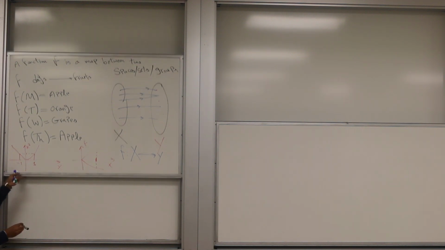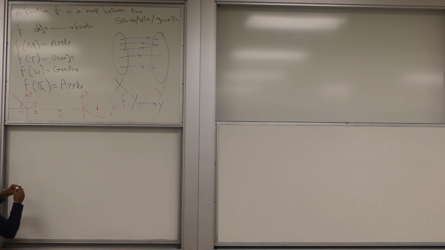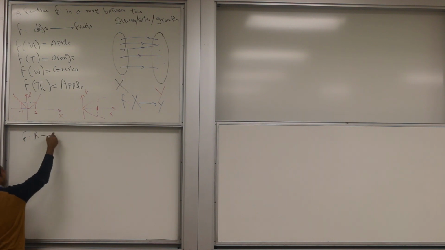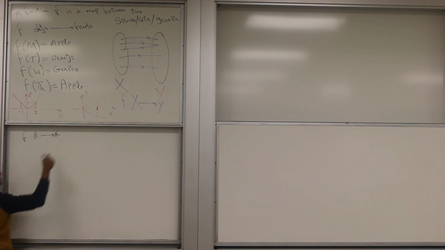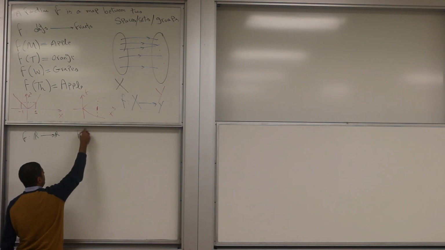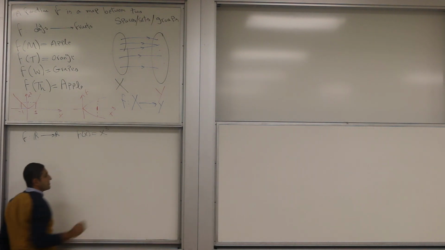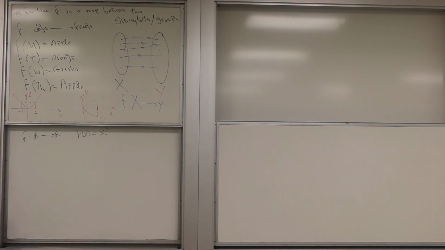Okay, so let's have some examples that we know. Maybe f from real line to real line. What do you mean here? How to interpret this? F takes a real value and gives you a real value, right? Something like f of x is x cubed. This is a function, right?